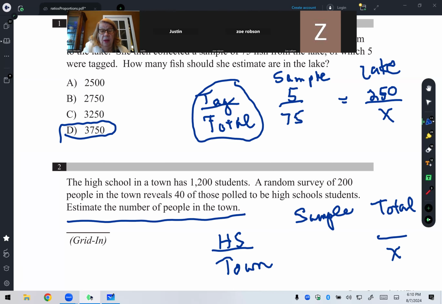So I don't know, but in my sample, I have 200 people, 40 are in high school. So now, I know that the high school has 1,200. So you can cross multiply that. I'll let you take the time to do that.